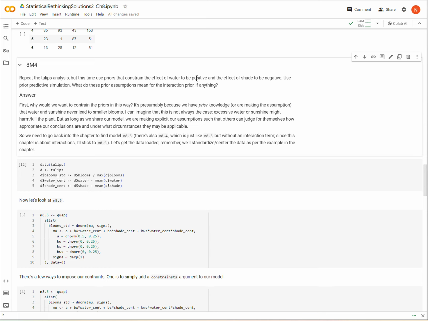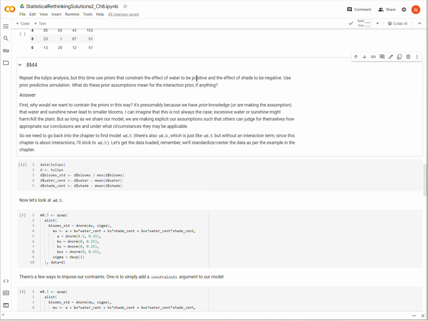And this time we are going to constrain the model so that the effect of water is to always produce bigger blooms, and the effect of shade is always to produce smaller blooms. Okay, well, let's do that, and then we're going to plot the implications of our prior.